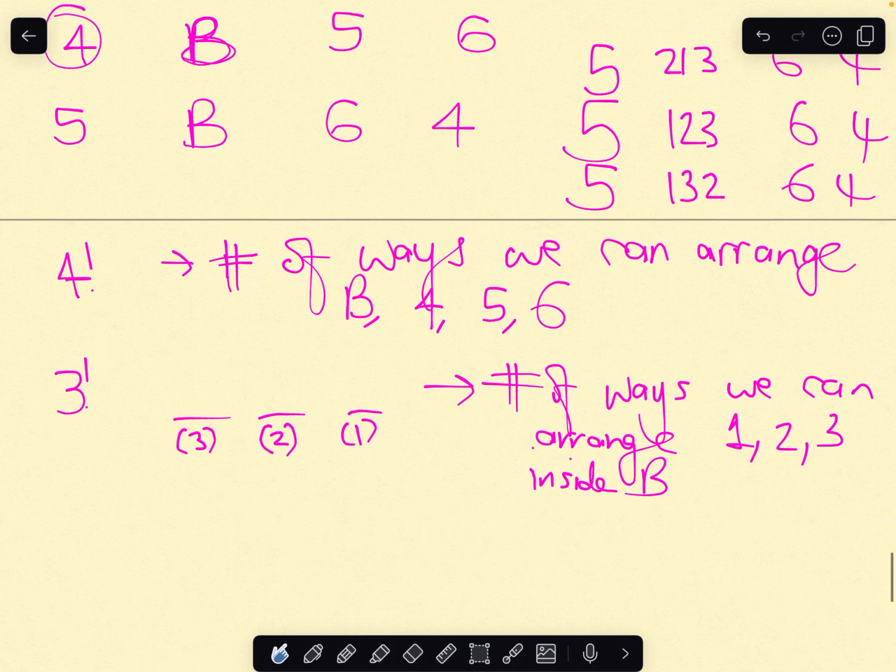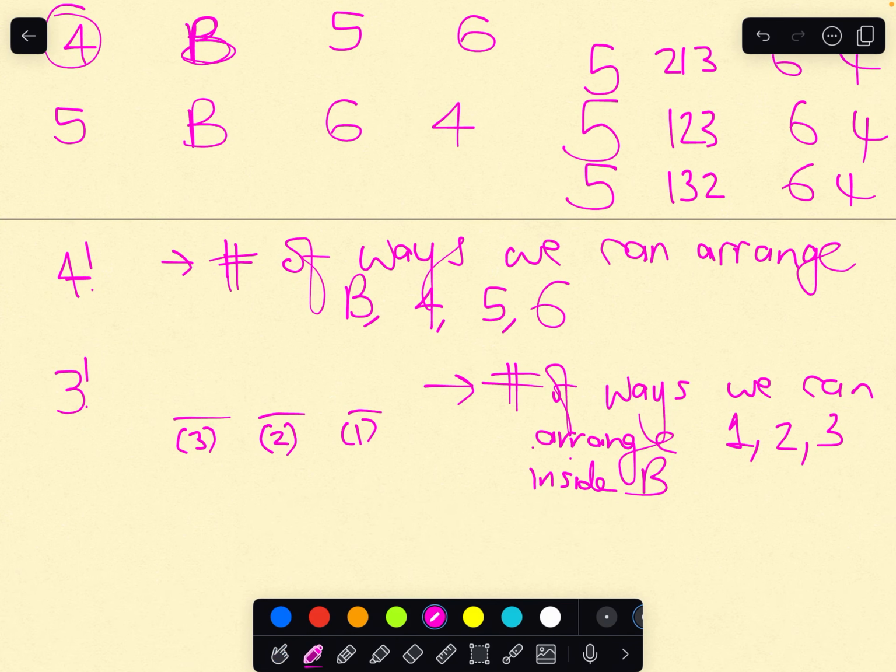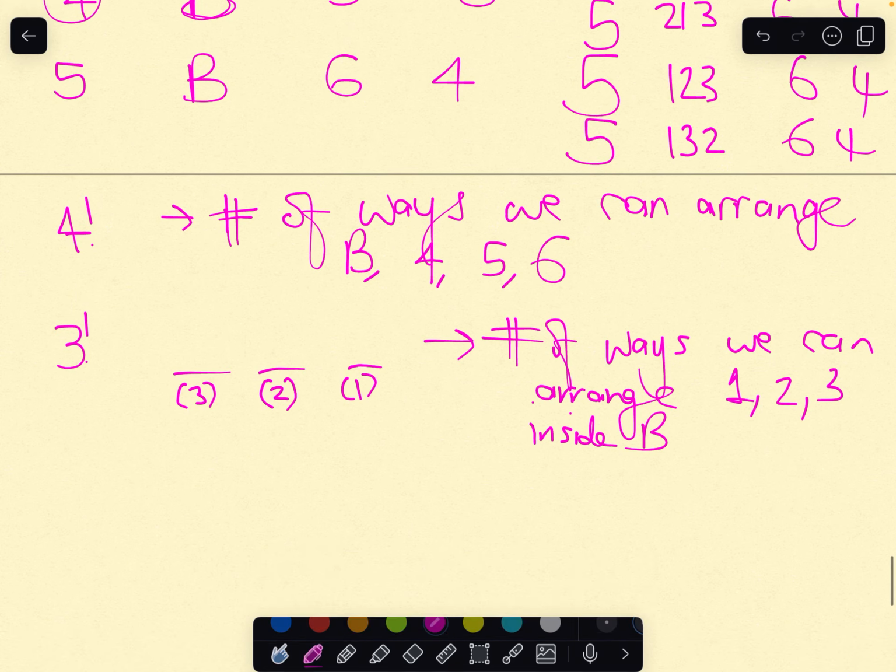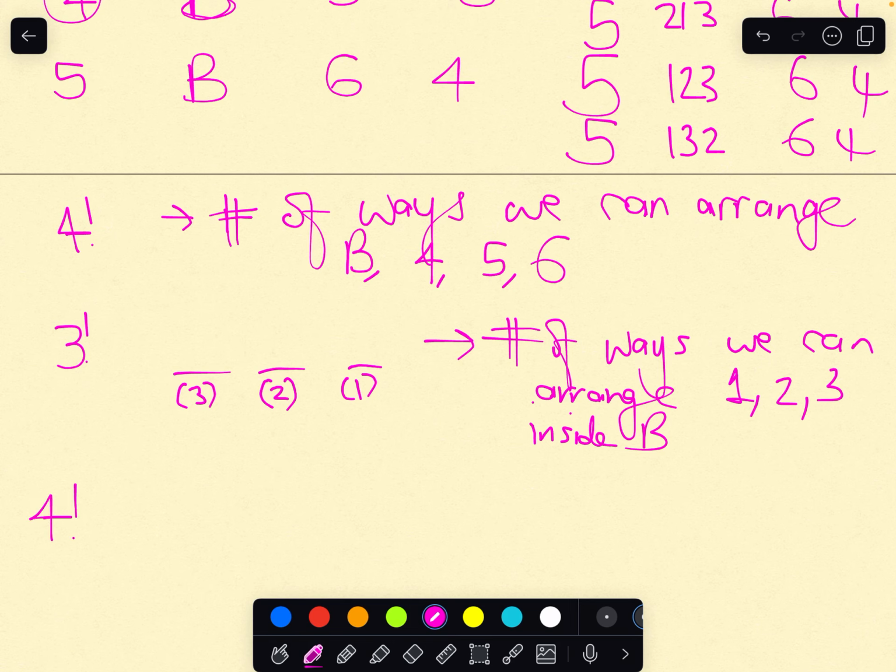Now what does that mean for the total number of arrangements possible? It will be 4 factorial arrangements, which tells us how we can arrange 4, 5, 6, and the block of dresses 1, 2, and 3. But for each of those arrangements, there's also a 3 factorial number of ways that we can arrange dresses 1, 2, and 3.